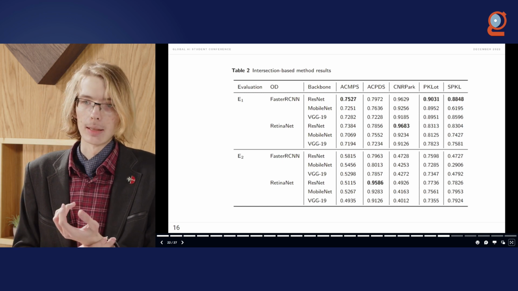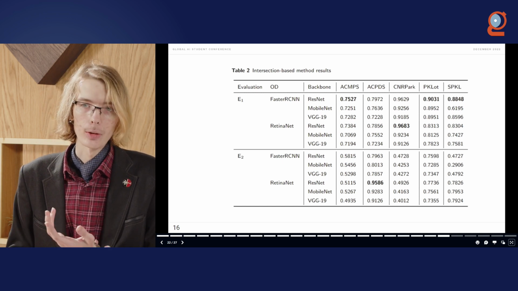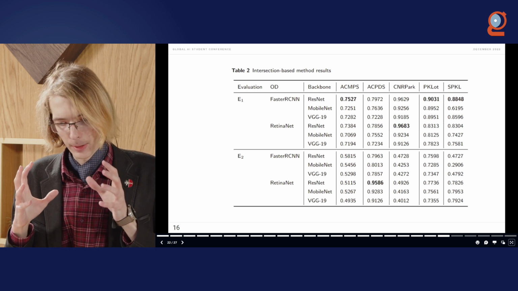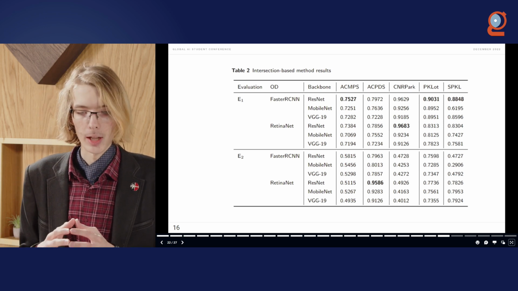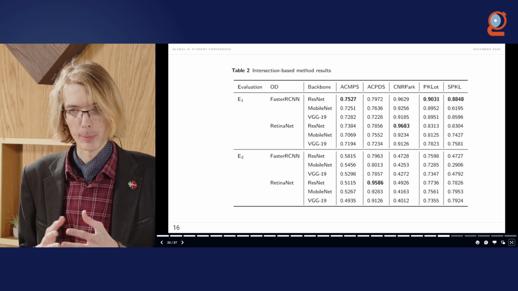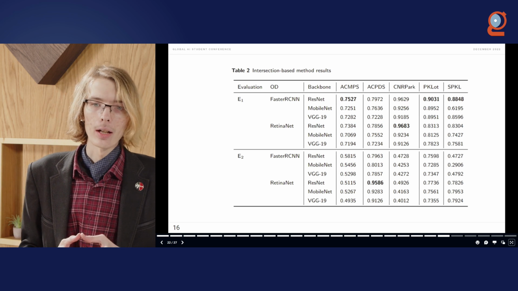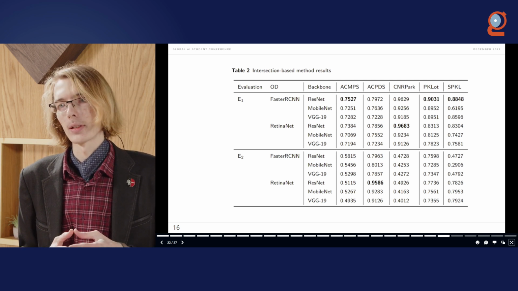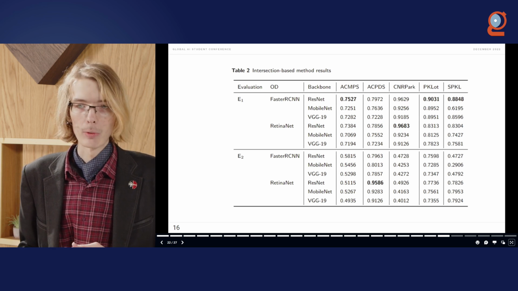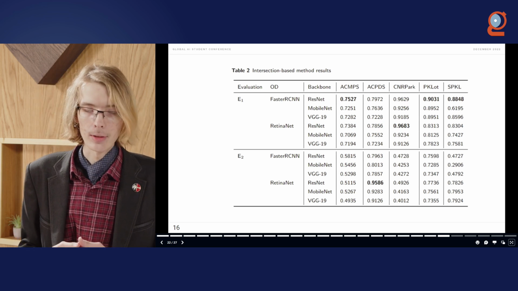Well, let's proceed finally to the results that we obtained. The first thing that I want to discuss is the intersection-based methods. As I mentioned before, they're not as reliable as classic binary classification tasks, mostly because of heuristic parts that are utilized in them.